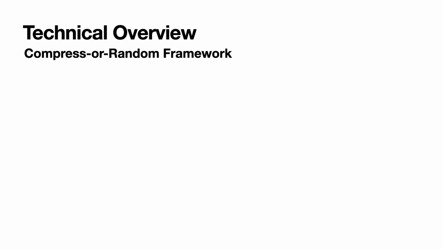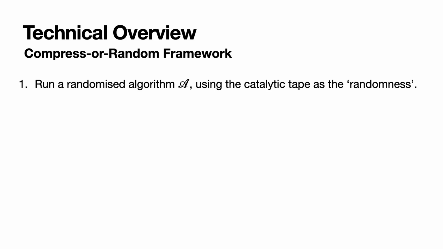So this framework is called compress or random, and it does exactly what you think, okay? So, like I said earlier, just given a catalytic tape, just given a hard disk which is completely full, and you have to return it the way it is, it's totally unclear how you can use this hard disk. So here's the idea. We try to run a randomized algorithm using the catalytic tape as the source of randomness.